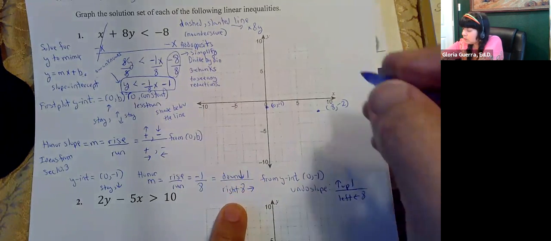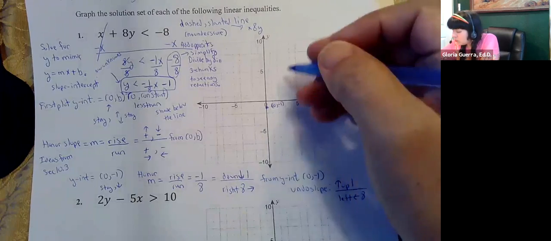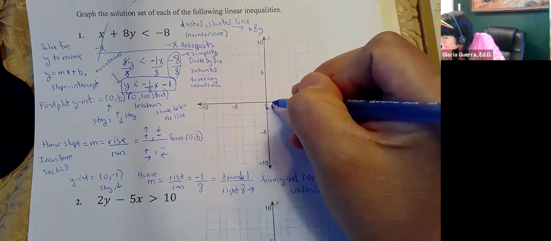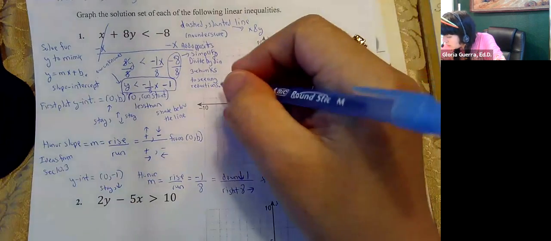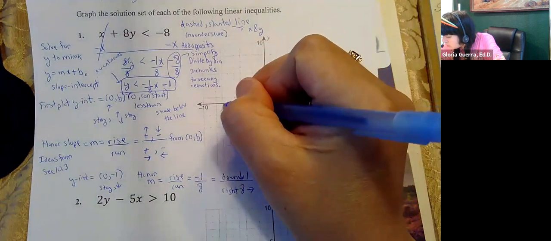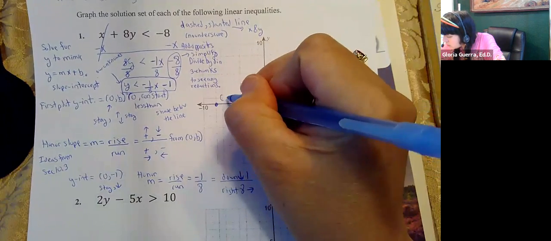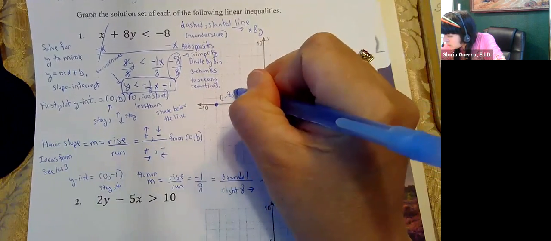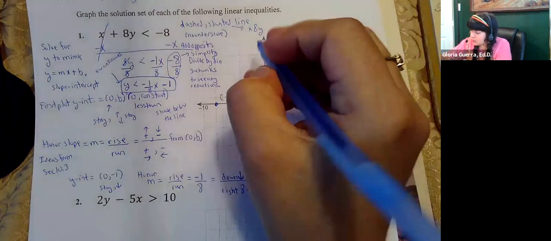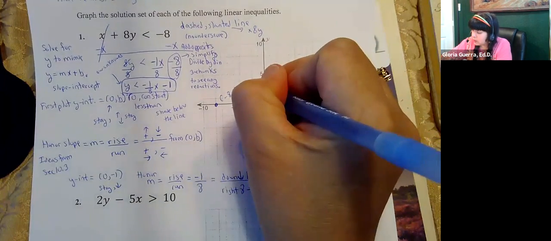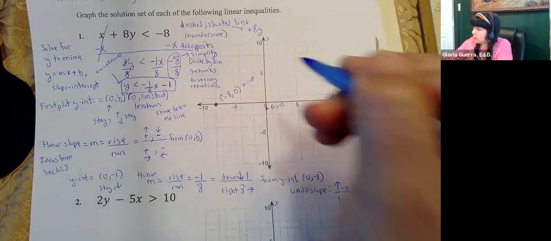So if I do that from the y-intercept, if I go up 1 and then out 8, 5, 6, 7, 8, about right here, that looks like it's -8, 0, which happens to be an intercept, right? That crosses the x-axis. That just happens to be an x-intercept. Okay.